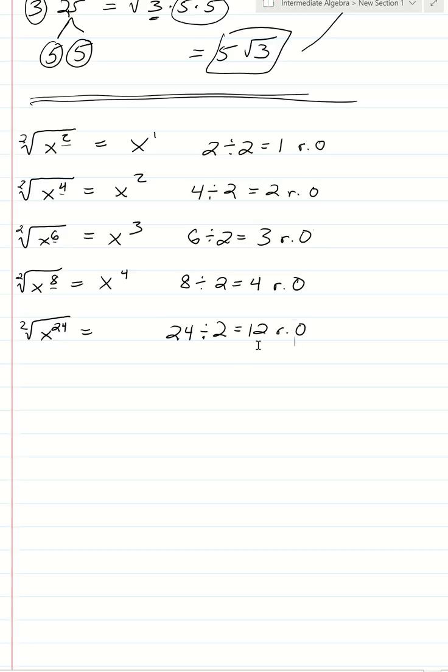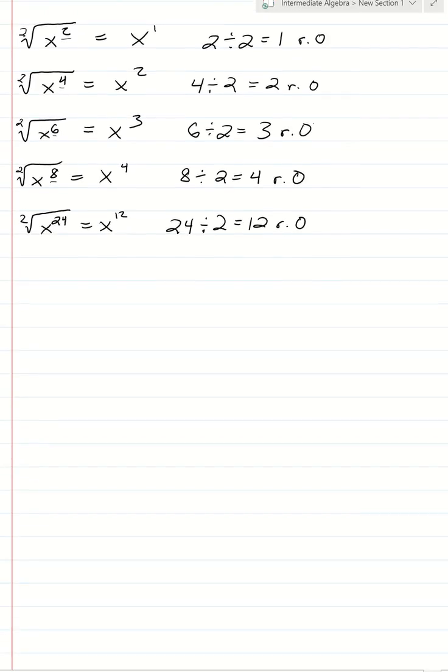So that means we're going to have an x to the 12th power on the outside. And once again, you'll notice that there is no radical left over, because x to the 2nd, 4th, 6th, 8th, and 24th powers were all perfect square variables, because your exponent here is an even number.